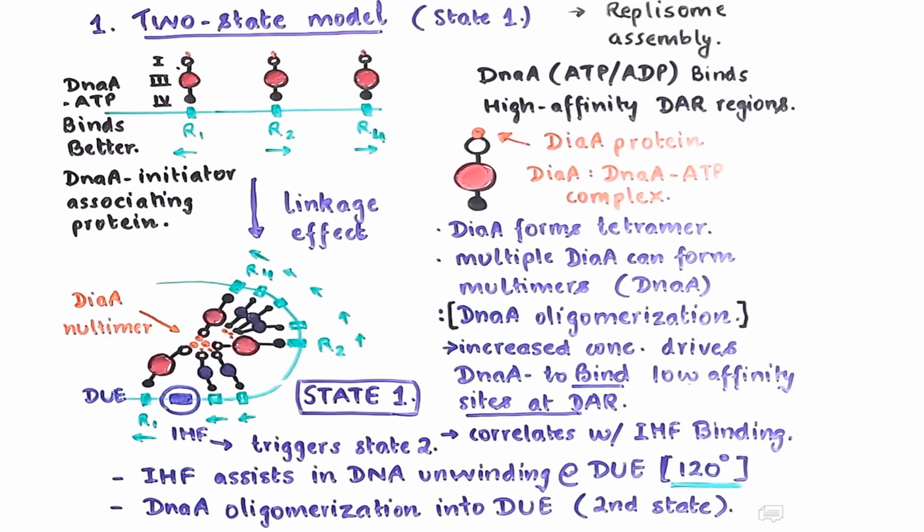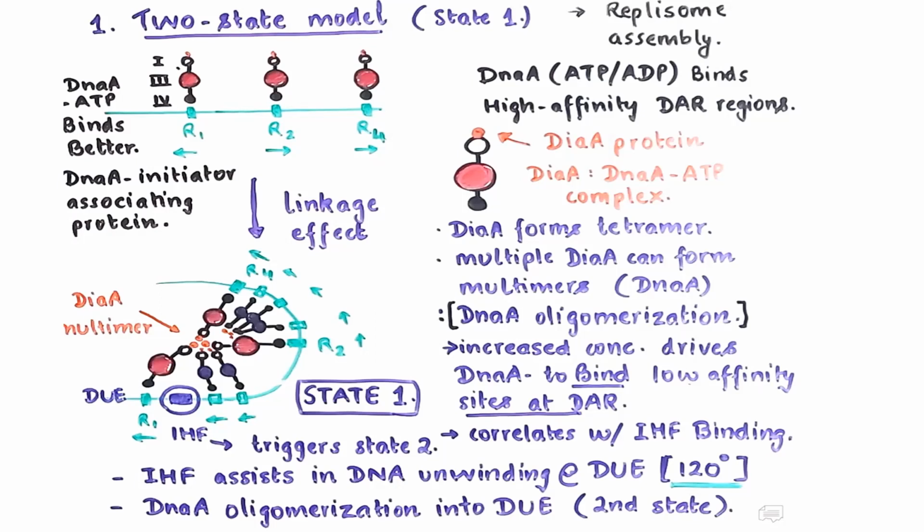So at the DAR site, which has low affinity sites for DNA A, once this DIA mediated linkage is forced, more DNA A is recruited to the DAR site, and it occupies the low affinity sites. And these new DNA A proteins also have DIA associated with them, and so this further stabilizes the DNA A complexes at the DAR site.